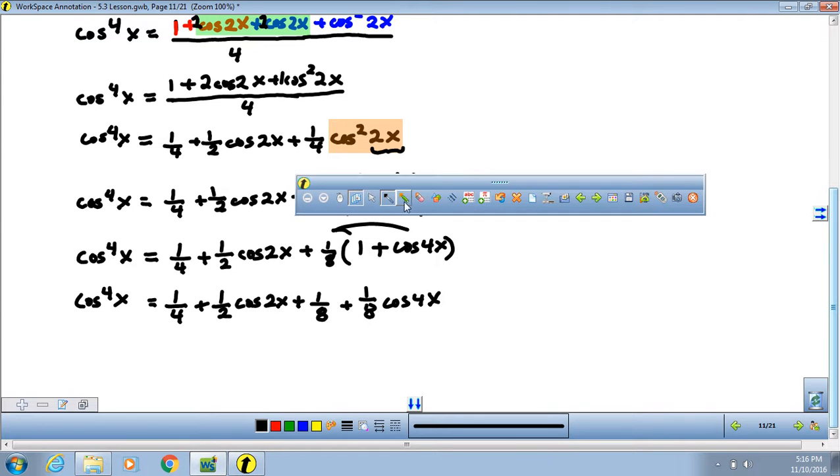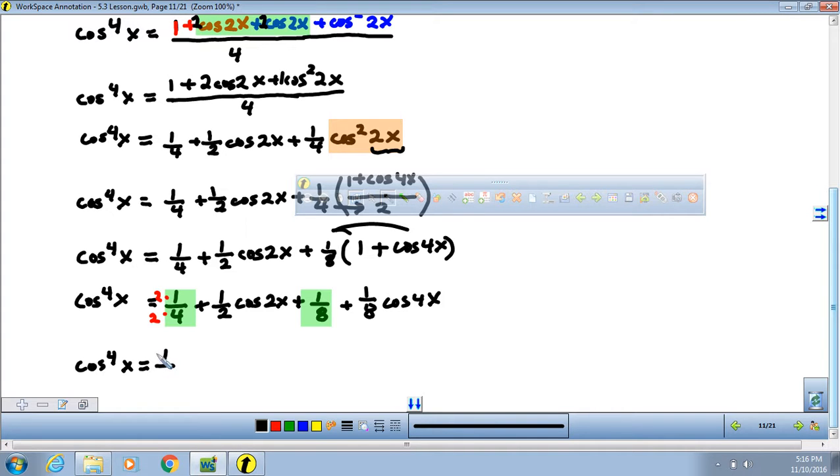The only thing I can do to finalize this problem is combine the 1/4 and the 1/8 using the common denominator. I multiply this one by 2, so it will be 2/8 plus 1/8, which is 3/8. So my final answer for this is 3/8 plus 1/2 cosine of 2x plus 1/8 cosine of 4x.